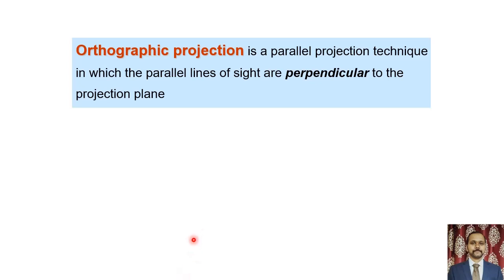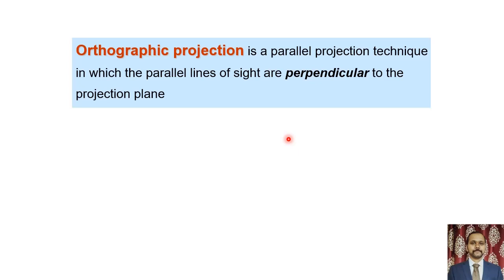That is why it is called orthographic projection. Ortho means anything which is 90 degrees, that means perpendicular.